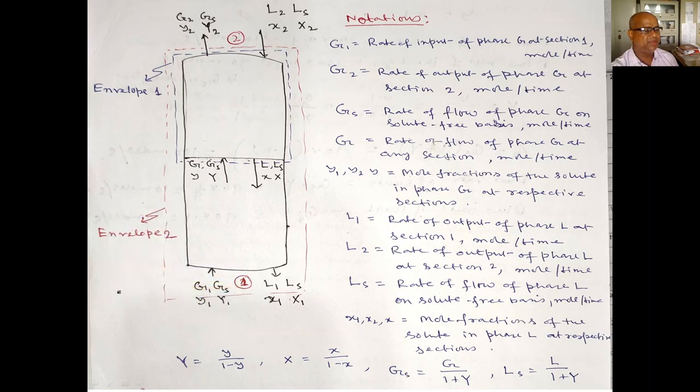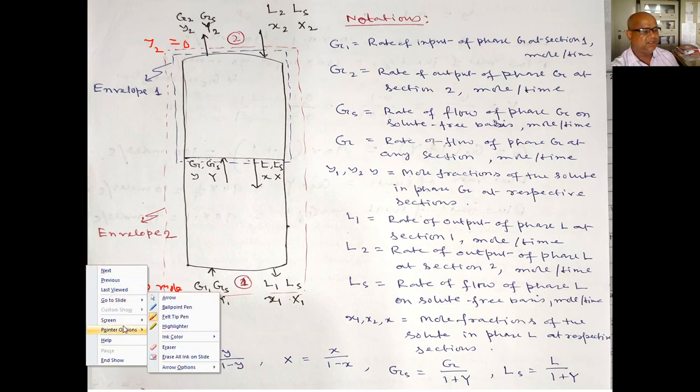Let's take the G phase entering at 100 moles per second, and y1 equal to 0.1. Here let's take y2 equal to 0, meaning all ammonia is absorbed.